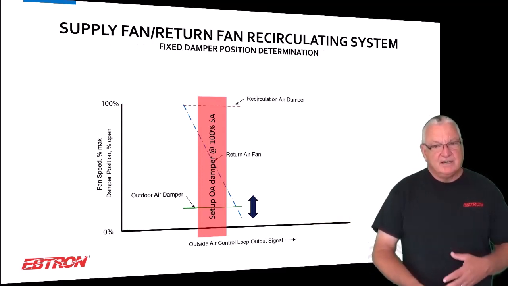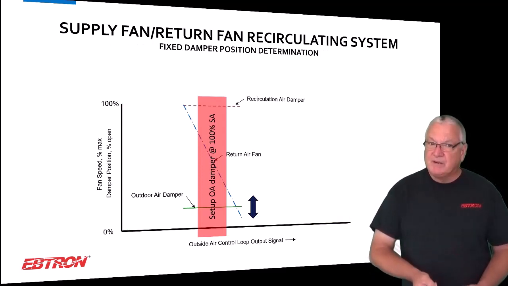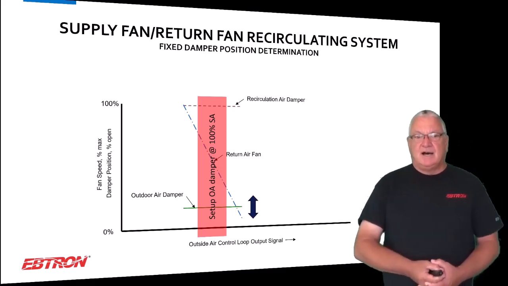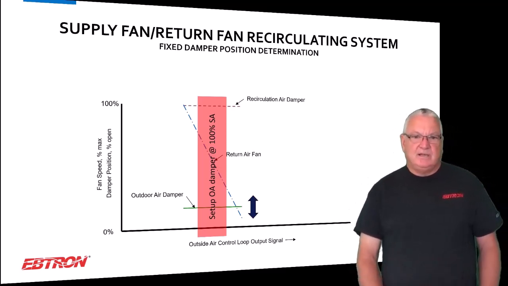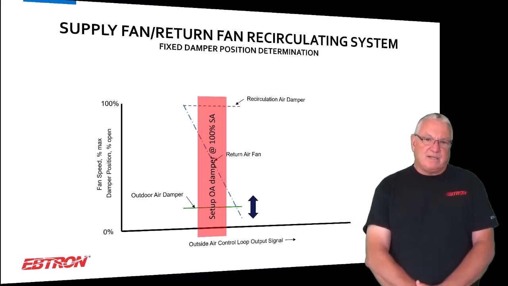The trick here is how do you determine what the minimum position damper is? And the way that we like to do it, I'm sure there's people that have a different way, but the way that we like to do it is, we'll set the system to 100% supply air. Basically, the return fan we'll put in this 80 or 90%.